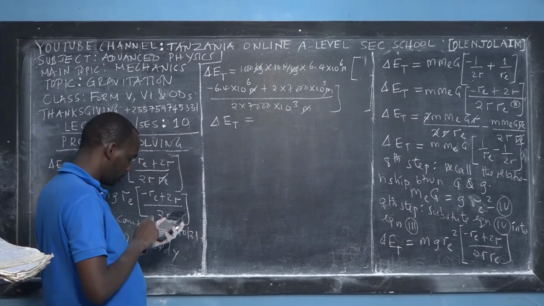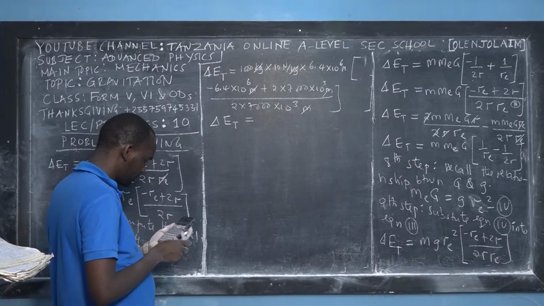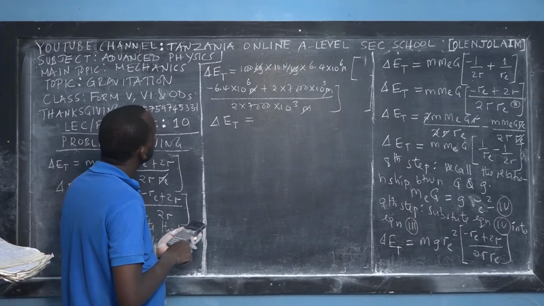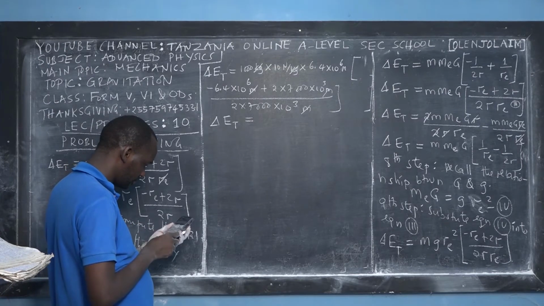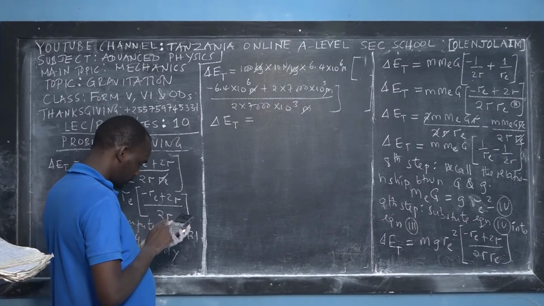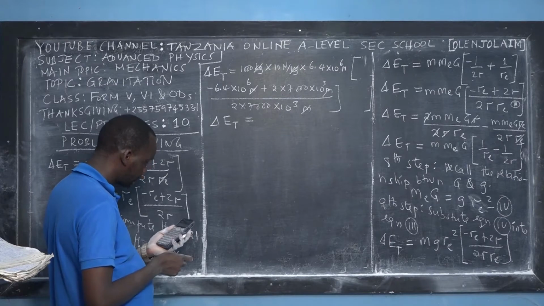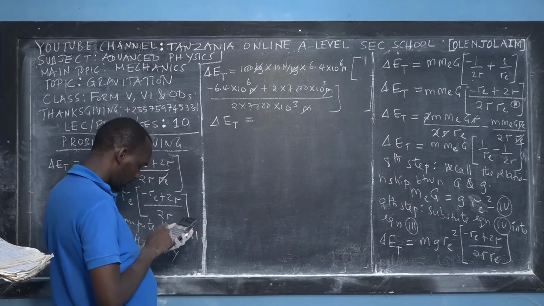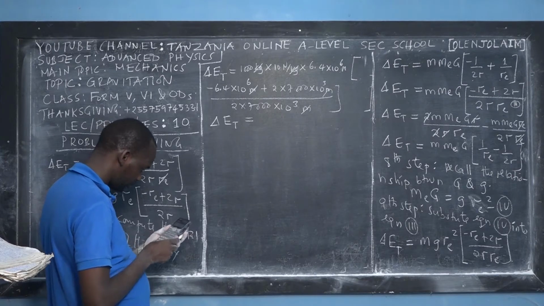So you just take 2 times 7 exponent 6, minus 6.4 exponent 6, then divided by 2 times 7 exponent 6. Then we multiply by 6.4 exponent 6.